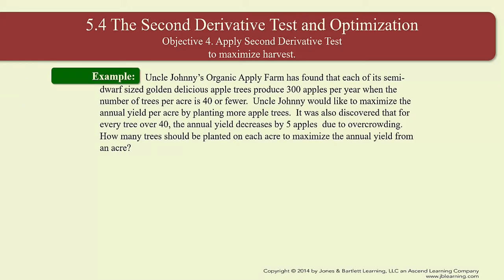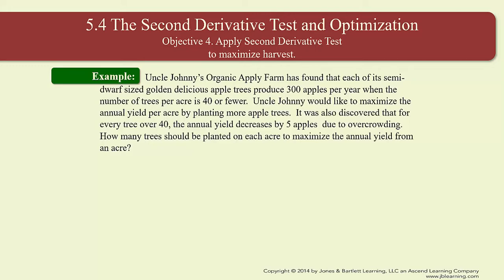Okay, this is an example. Boy, a lot of words. Please write all these words down. Someone has an organic apple farm, and they found that each of the semi-dwarf-sized golden delicious apple trees produce, we'll say, 300 apples per year, when the number of trees per acre is 40 or fewer. Now Uncle Johnny would like to maximize the annual yield per acre by planting more apple trees.